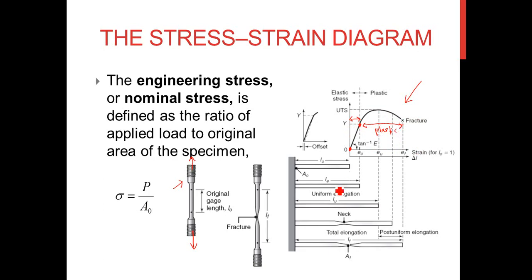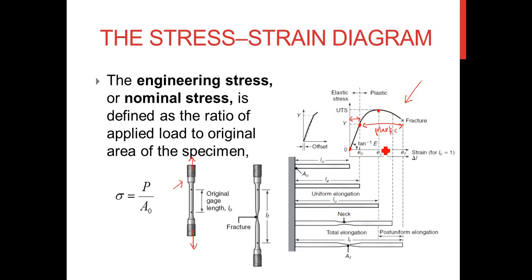If you look here also, up to point y, you can see that the material deforms uniformly. After point y, up to the UTS point, you can see that the elongation of the material is still uniform.